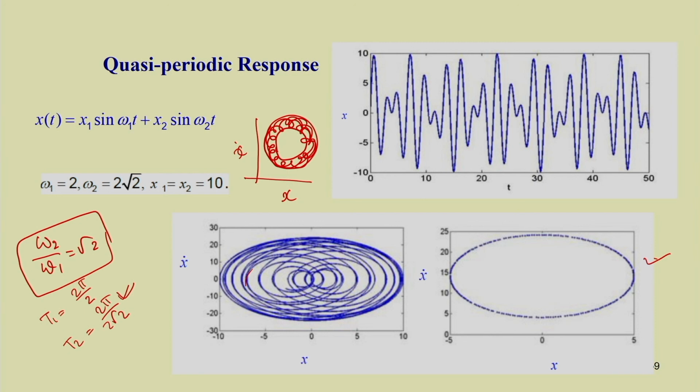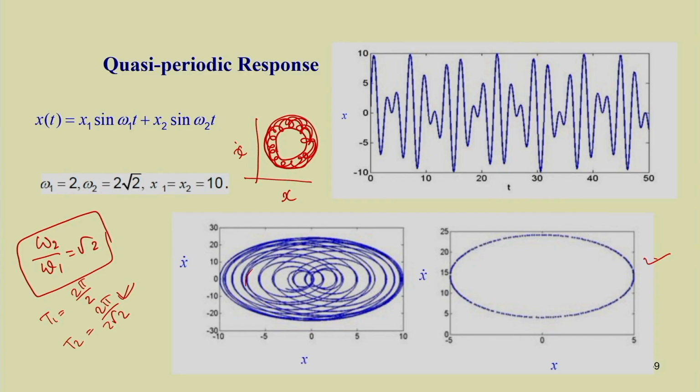So, in case of the quasi periodic response, the Poincare section is a closed curve. Previously, we have seen the Poincare section for a periodic response contains a few points. If it is single periodic, only a single point will be there. If it is 2 periodic, 2 points will be there, and if it is multi periodic, multiple points will be there, but these points will not be spaced in a closed curve.